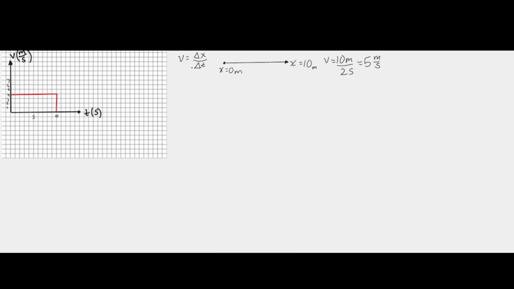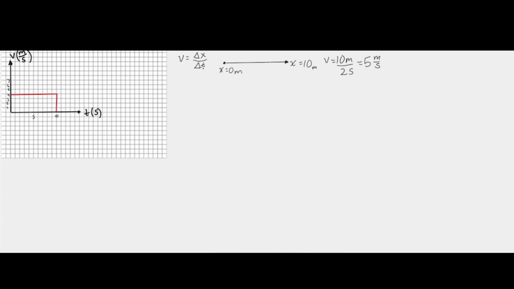The 2 seconds is the delta t, that's the change in time. So if time started at 0 seconds and then went to 2 seconds, the delta t is 2 seconds. Hopefully that makes sense to you. That is the formal definition of velocity, the change in position over the change in time. When we say something like miles per hour, that's another valid form of velocity if it has a direction.